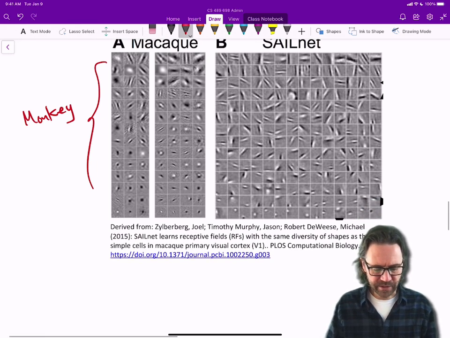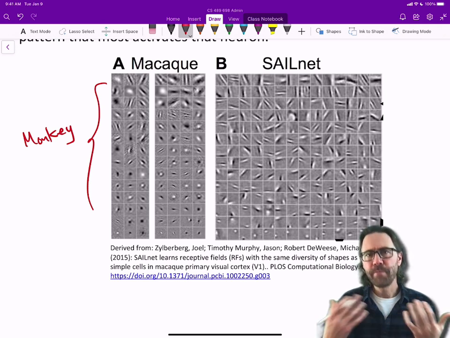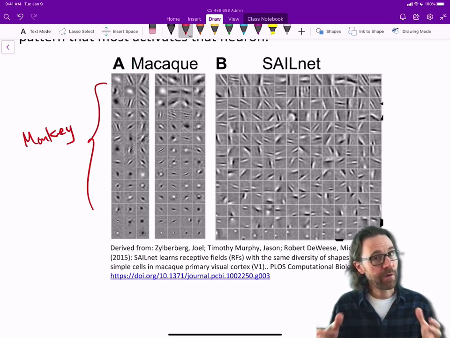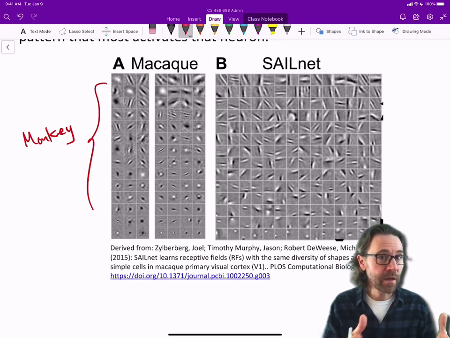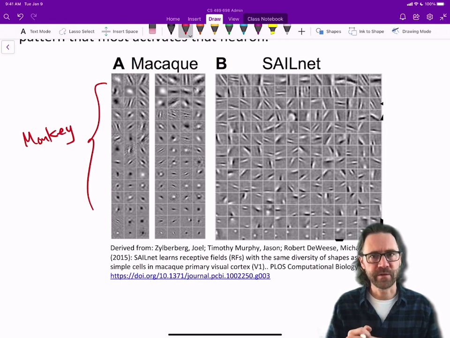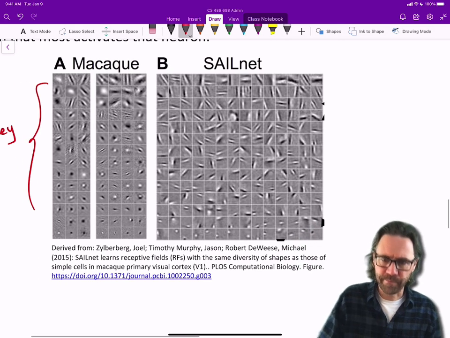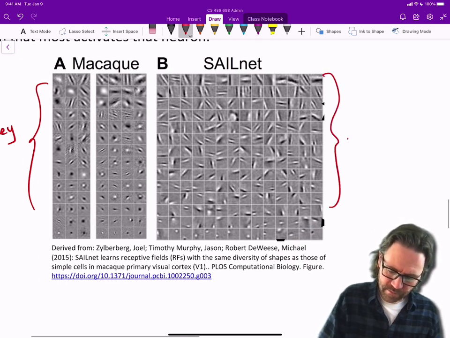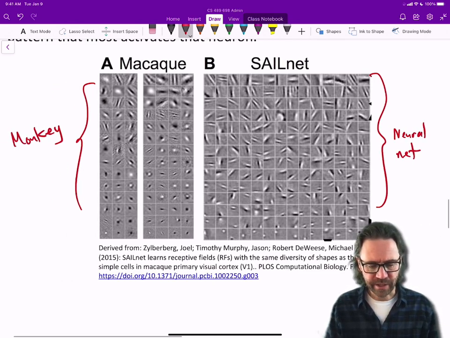The citation's down here, but I'm just using the image to show that many neural networks that are trained using some of the same strategies that the mammalian visual system uses end up with receptive fields that look like mammalian visual receptive fields. So this is from a neural net. You see a lot of them are basically like little edge detectors.